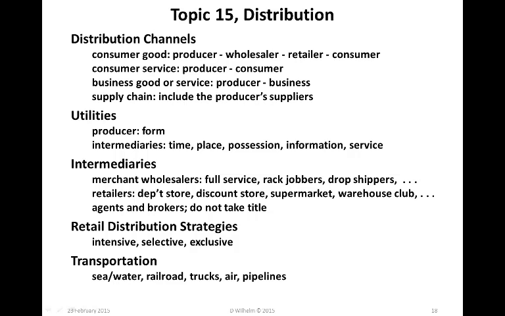Pipelines are specialized: gas, oil, a coal slurry. The first and last mile of transportation is very likely to be by trucks. Perhaps the trucks take it to a railroad, or a sea terminal or an airport, but unless you actually have a railroad spur coming right to your factory, you're probably going to ship some stuff by trucks.